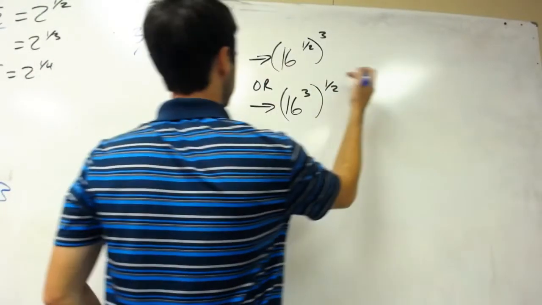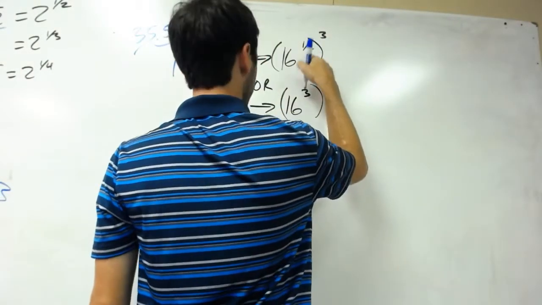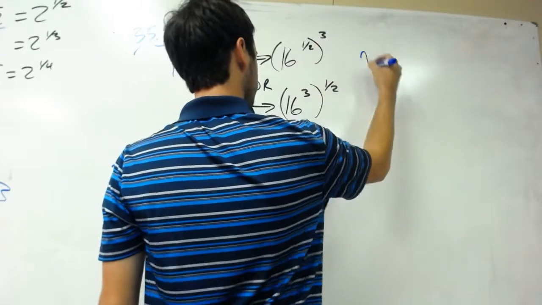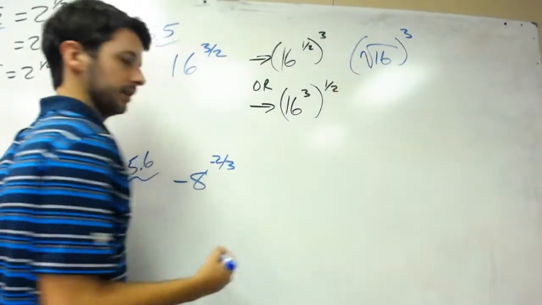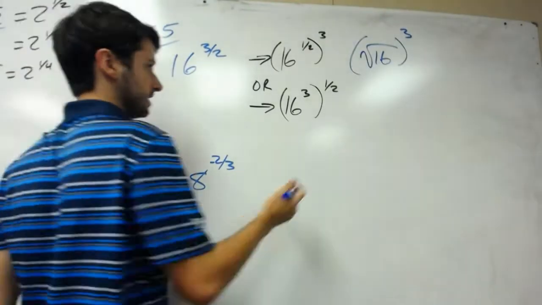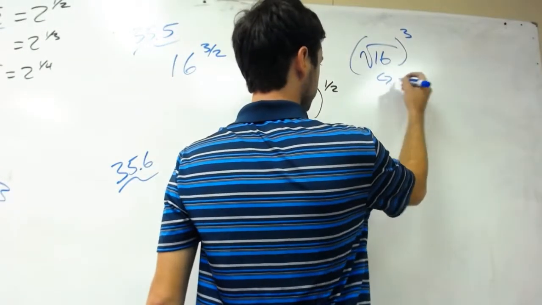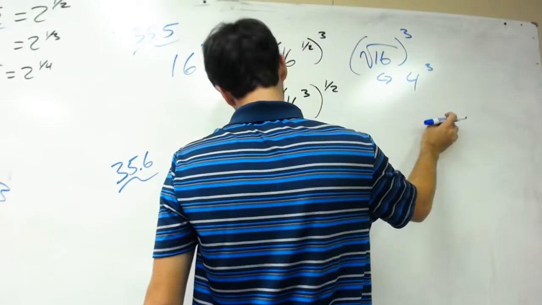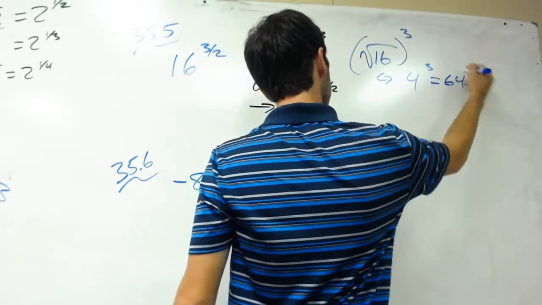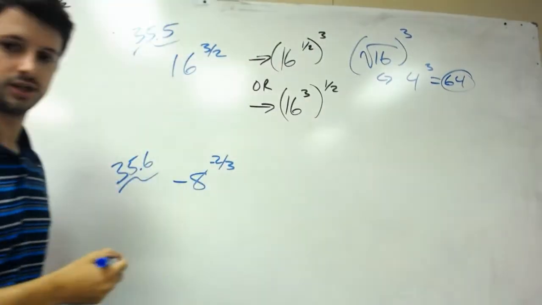Once you get to this point, I'll work both of them out. This one says 16 to the 1/2 power. 1/2 power means square root. So I write it like so. Square root of 16 is 4. Then 4 cubed is 4 times 4 is 16 times 4, 64. Now both of these will be the same answer.